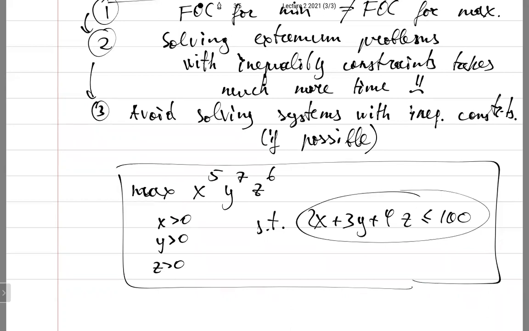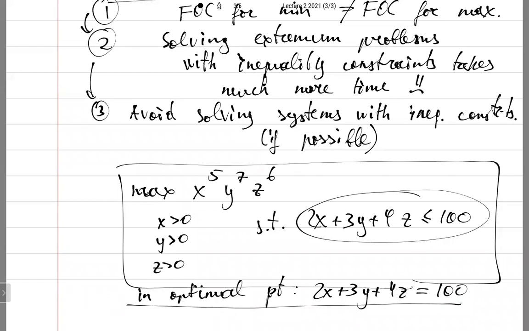Because if it's not equal to 100 at the optimal point, then I will increase x, and I will have a bigger product. So at the optimal point, 2x plus 3y plus 4z is exactly equal to 100, and this will greatly simplify all calculation.